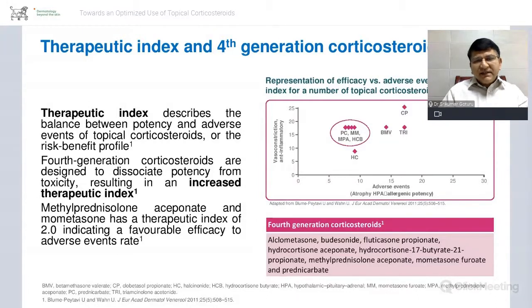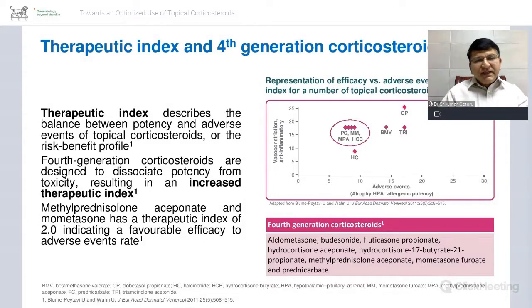When you look at these 4th generation molecules like methylprednisolone aceponate, mometasone furoate, and fluticasone, they have a very high therapeutic index with a very good clinical response, and minimal systemic side effects, minimal topical side effects, and minimal incidence of sensitization too.